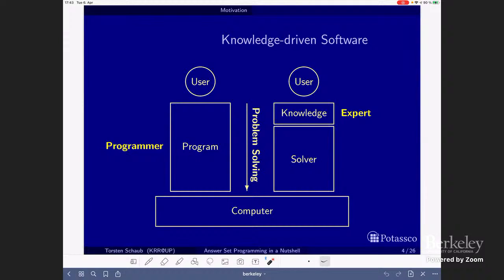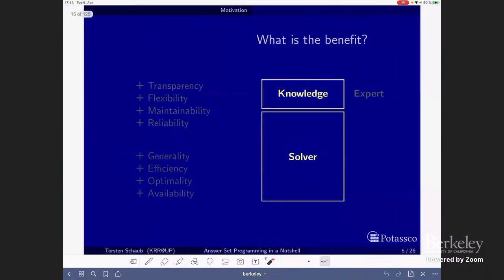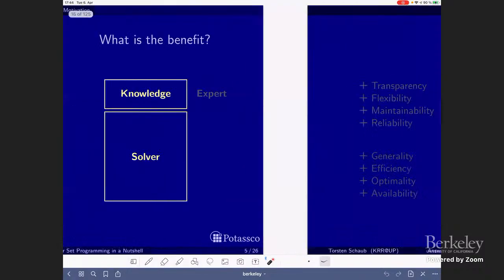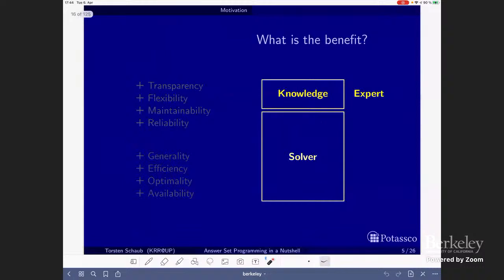So, and also of course then roles shift. While here we have still a programmer, here we have, in the best case, an expert who's not even a computer scientist, who more or less expresses his knowledge in a modeling language, and then this is given to a solver and passed on to the machine. So what's the benefit of this? Well, first of all, an expert must only express their knowledge. That's one thing.